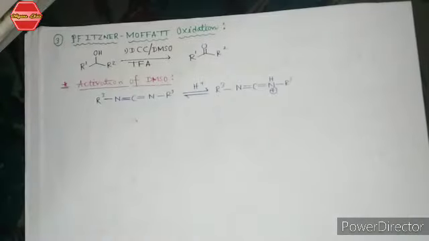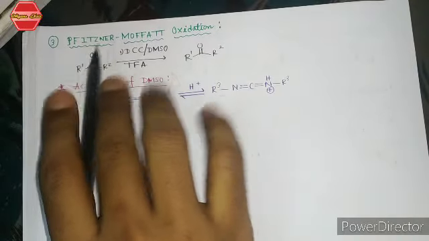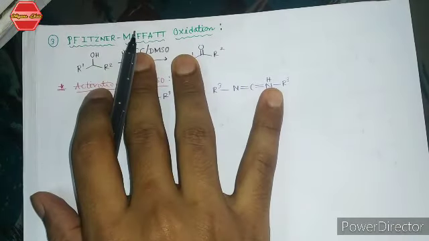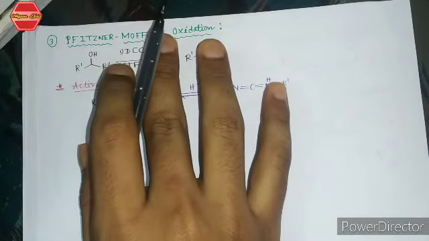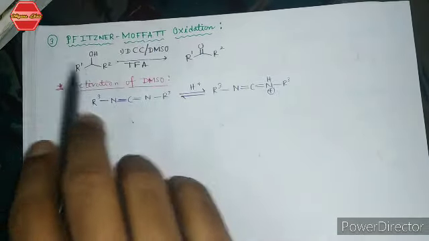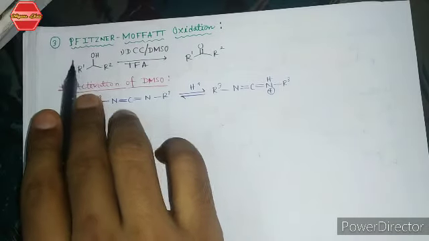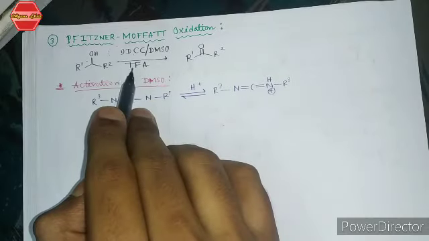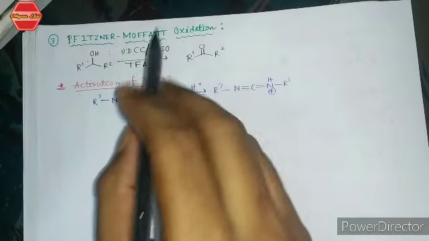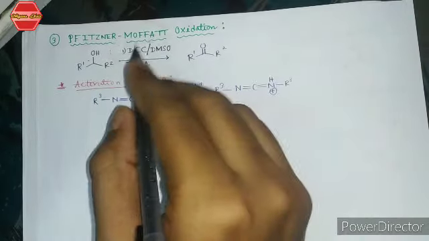Now you have to know one more important thing, the Pfitzner-Moffatt oxidation. This is another important oxidation reaction. So now let's have a look at the mechanism of this Pfitzner-Moffatt oxidation. Now this is your secondary alcohol, and you have given DCC, DMSO and TFA. This is just a kind of acid. This DCC may vary.